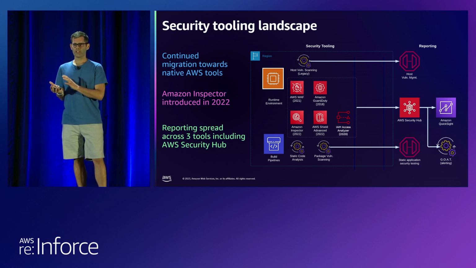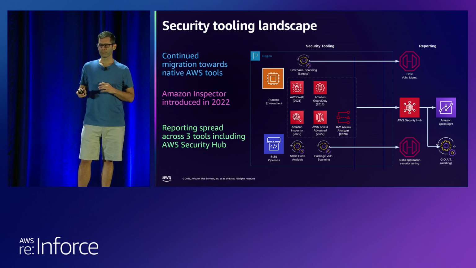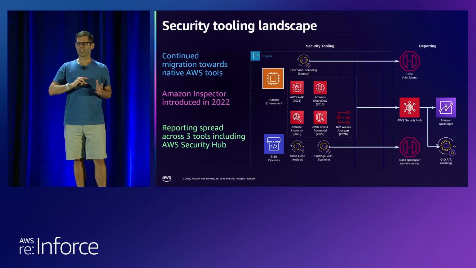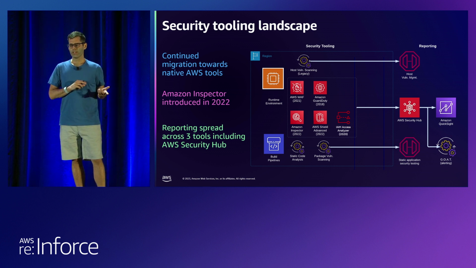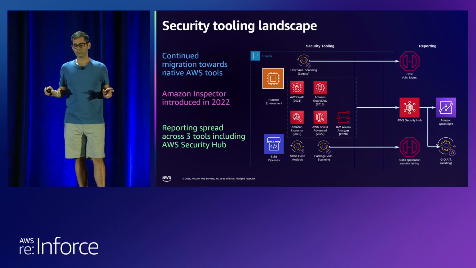All of that was being aggregated in Security Hub, and we're seeing a lot of success with being able to remediate any of the findings that were coming up. And it's not just aggregating across those sources, but aggregating across regions and accounts. So we do have a single pane of glass where our security teams are able to understand the security posture across all of our AWS accounts.